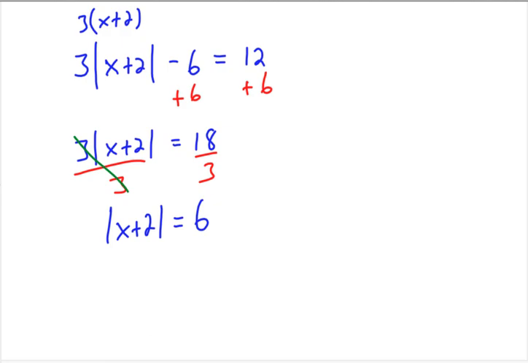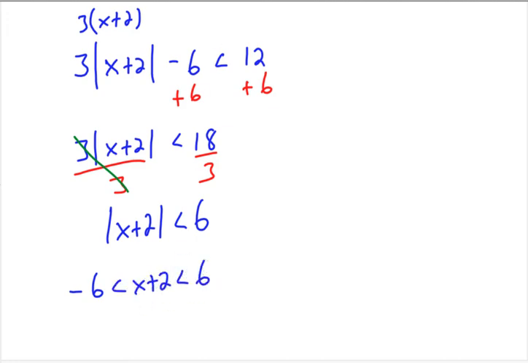Now we can make our OR statement. Actually, before I do that, I wanted this to be an inequality, so let's make it less than. There we go. Okay, now we can turn this into an AND statement by removing the absolute value.